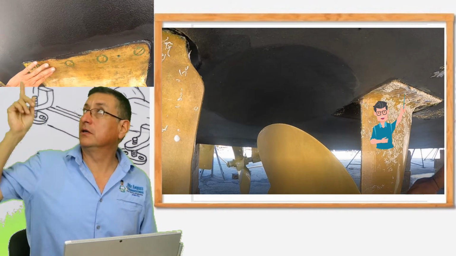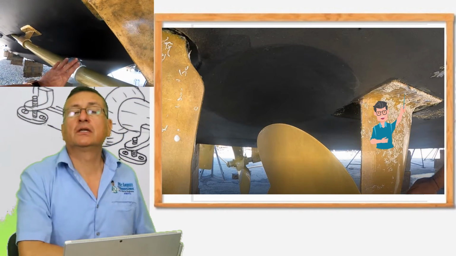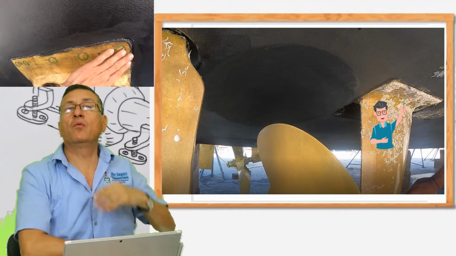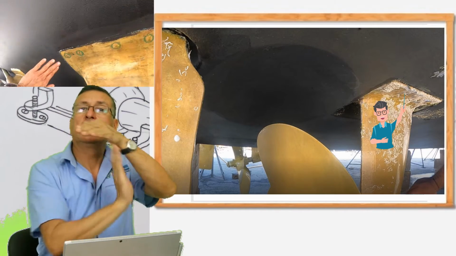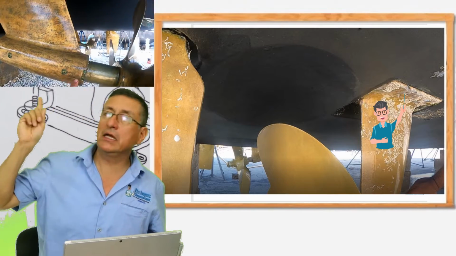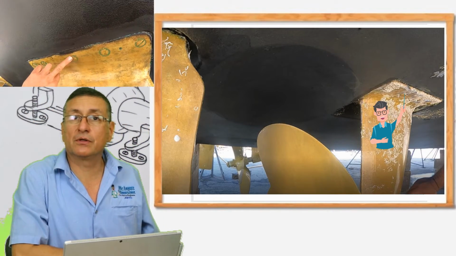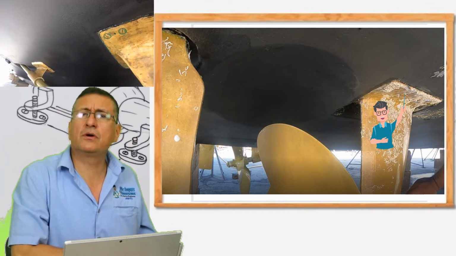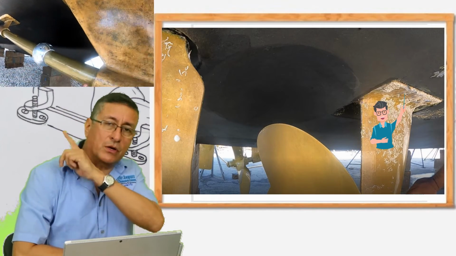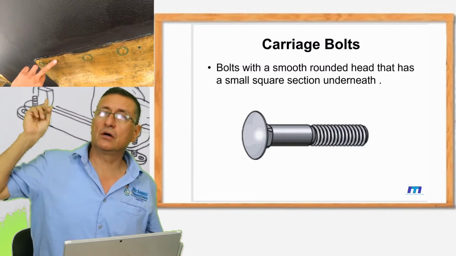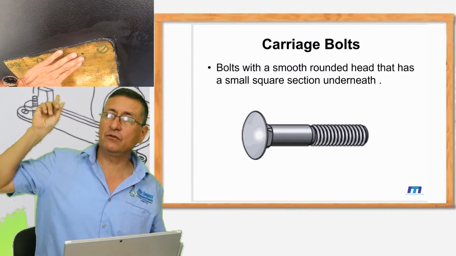And the bolts to fix the struts, those are carriage bolts, because they have less resistance with the flow of the water, because the head is oval and produces less resistance to the flow of the water, especially in the struts. We are going to talk in chapter 4, I think so, about the propulsion system, and we are going to talk about this type of bolts, carriage bolts, used on the propulsion system, especially to fix the struts.